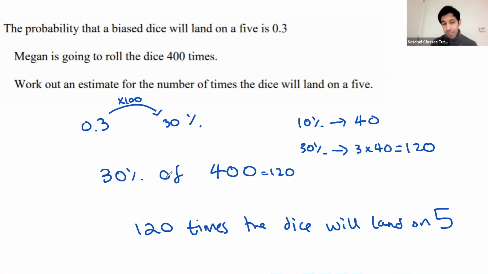And another way of thinking about this is 30% is the same as 0.3, and the word of simply means multiply. So we could have simply done 0.3 times 400, that's the same as 3 times 40, I should say, which will give us 120. So again, 120 times the dice will land on 5.